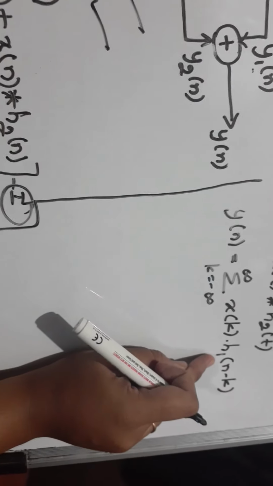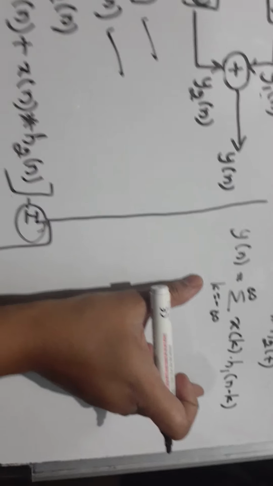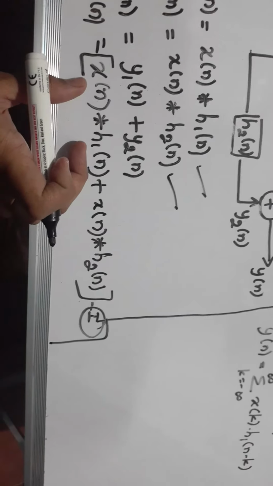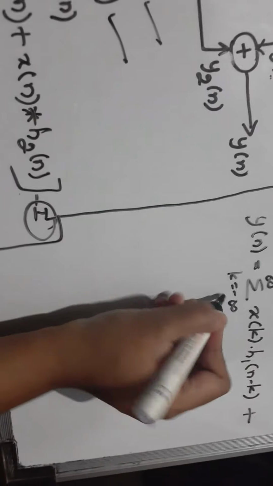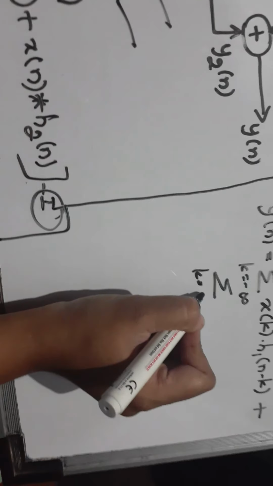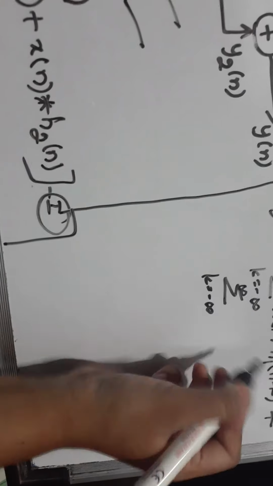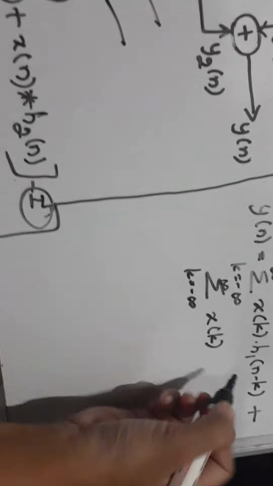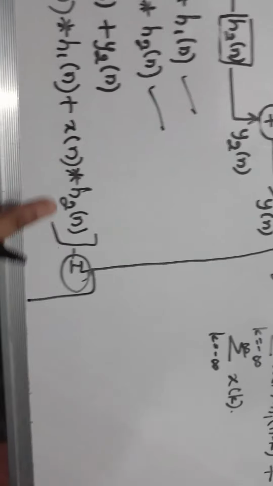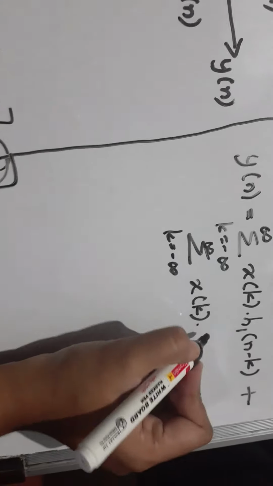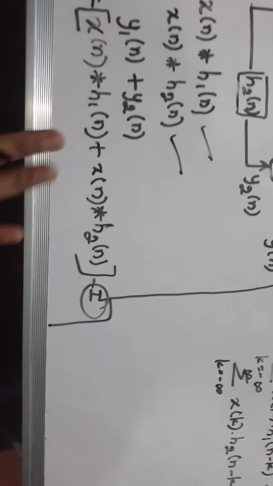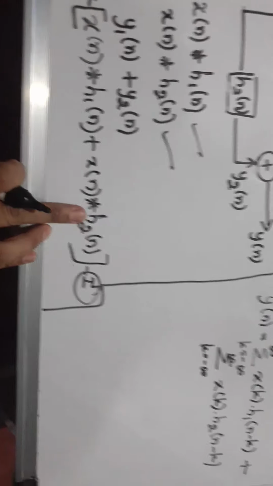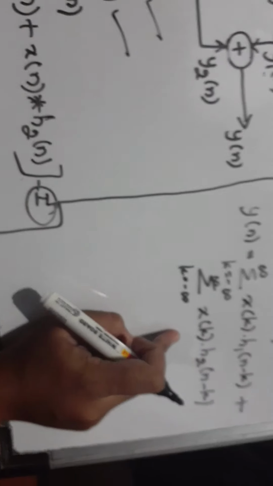Here impulse response is h1. This is first part. This convolution we have written the formula, plus even for second convolution we will write the formula. Summation k from minus to plus infinity x of k. Here the impulse is h2, so it is h2 of n minus k. So instead of convolution we have written the convolution sum formula.